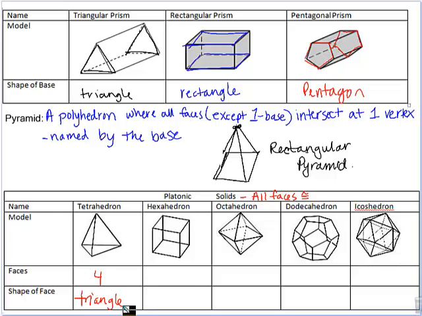A hexahedron, otherwise more commonly called a cube. So a hexahedron, also known as a cube, has 6 faces, and each face is a square.